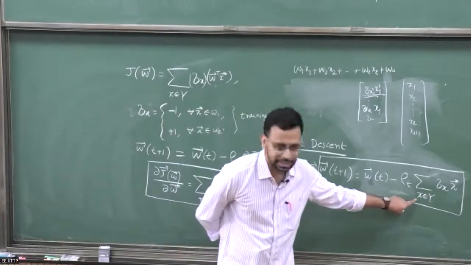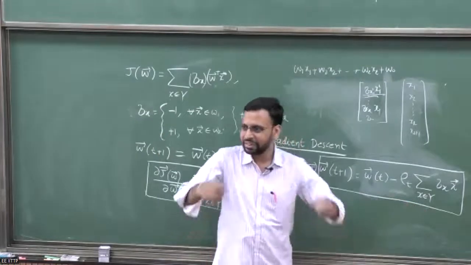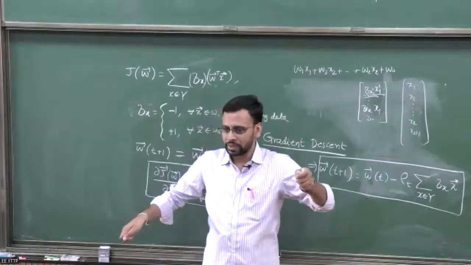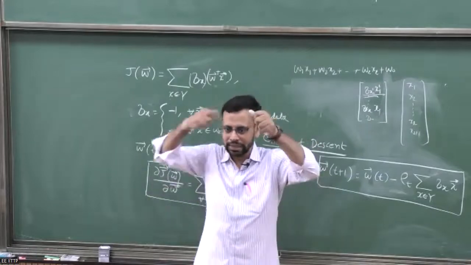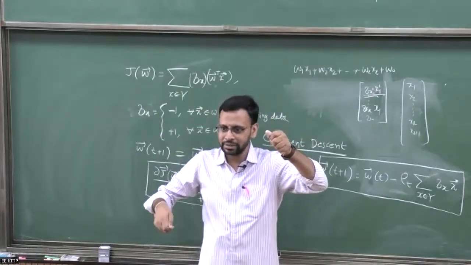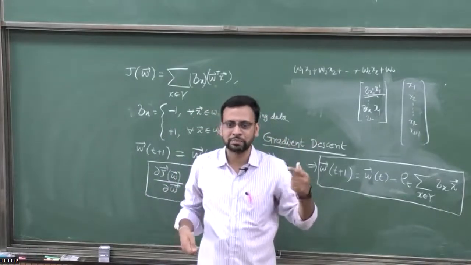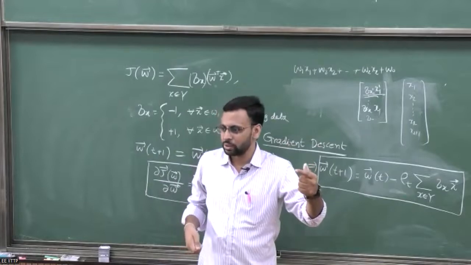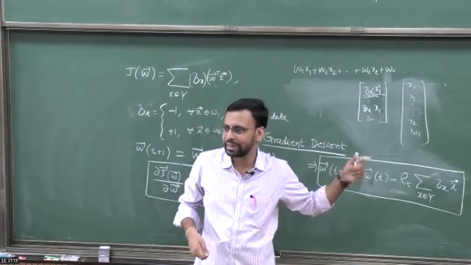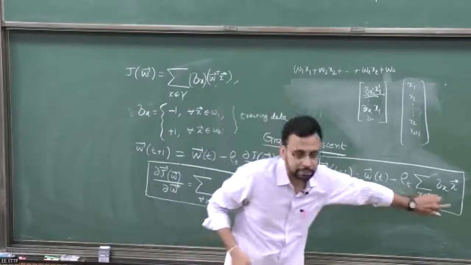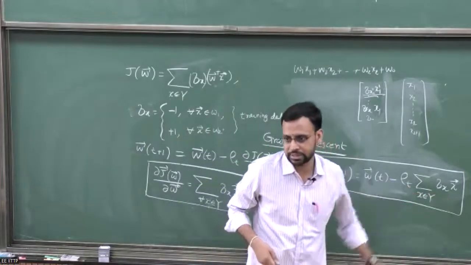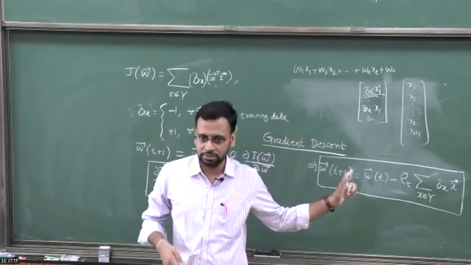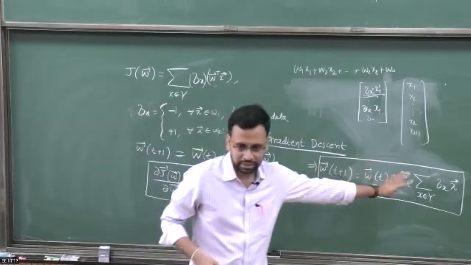This x bar that belongs to the misclassified set: every time you come up with an updated decision plane, you need to relook at the misclassified feature vectors at that point of time, and based on that you are computing this. That point has to be very clear.